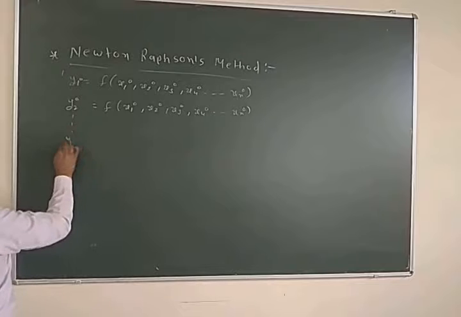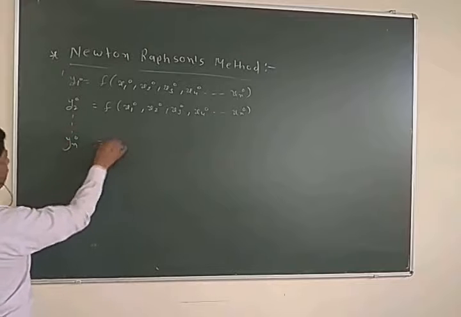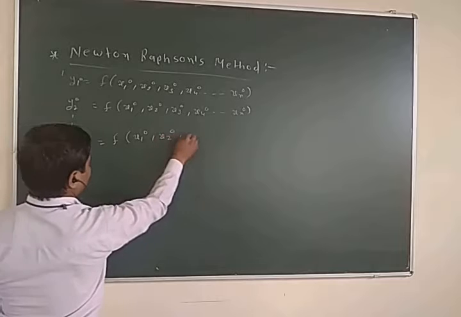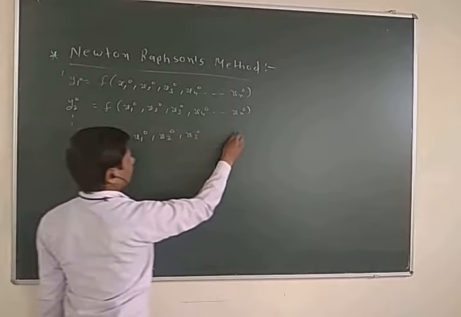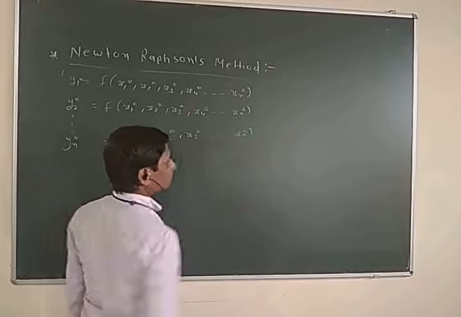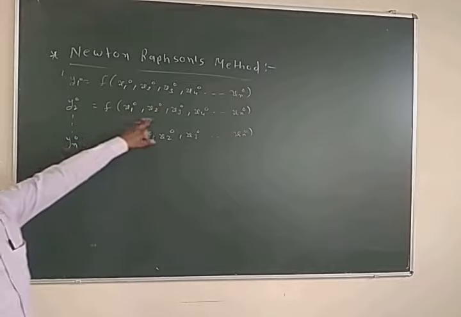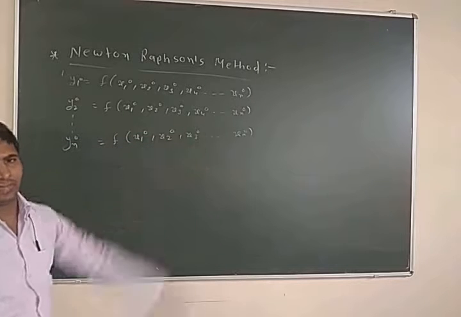Similarly, yn 0 is equal to f of x1 0, x2 0, x3 0 dot xn 0. Equations are represented by assumed value of unknown variables.